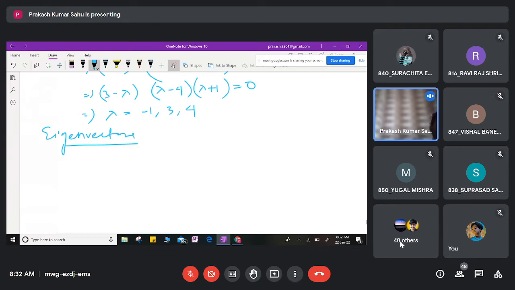So now for lambda is equal to minus 1, the homogeneous equation is (A minus lambda I) x is equal to 0.